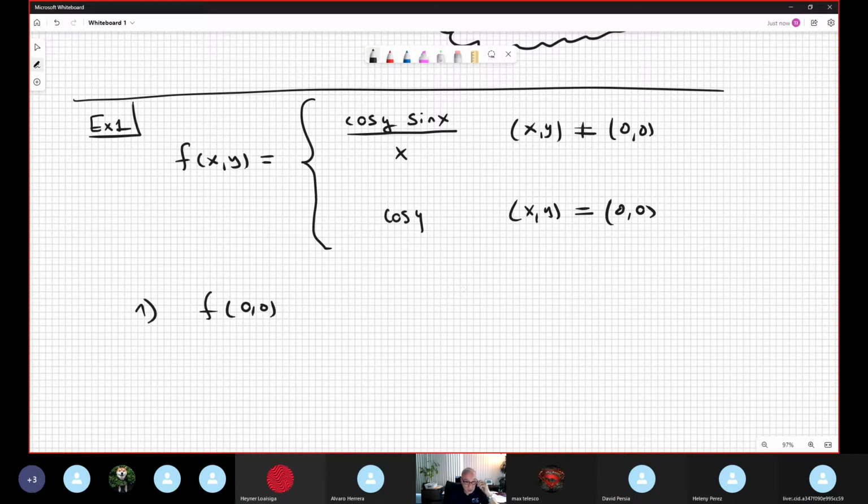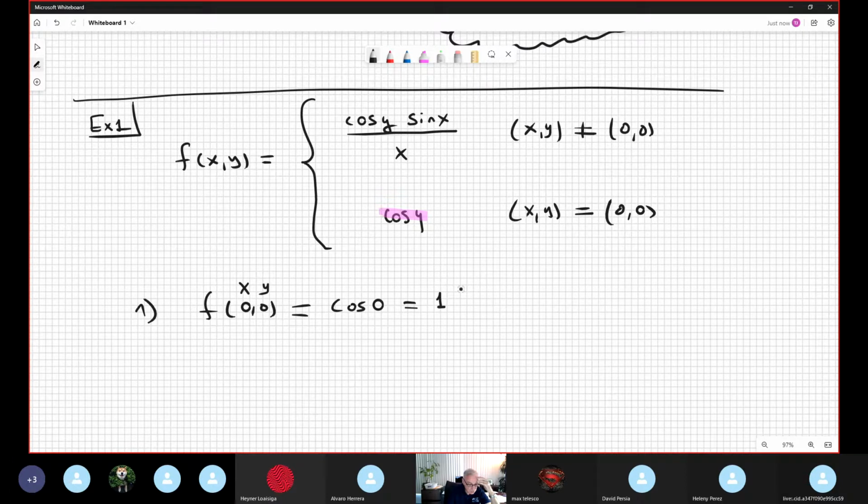But of course in the piecewise function you select this piece, because we are exactly on 0, 0. In this case the piece contains only y, no x. I plug in y equals 0 here, cosine 0 is 1, and the answer is 1.